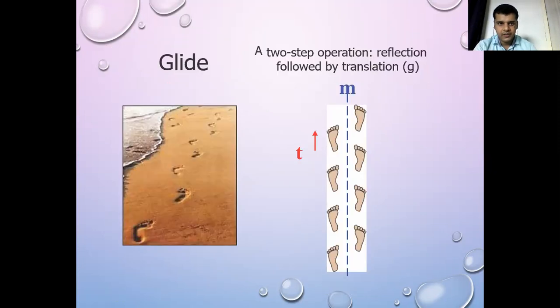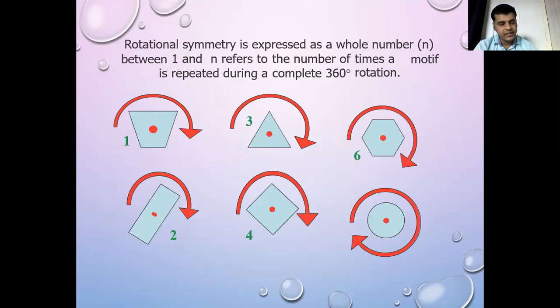previous slide, I told that the number is n. If n is equal to 1, the angle is 360 degrees, that is called a monad axis. If n is equal to 2, the angle phi is 180 degrees, then it is called a dyad axis.